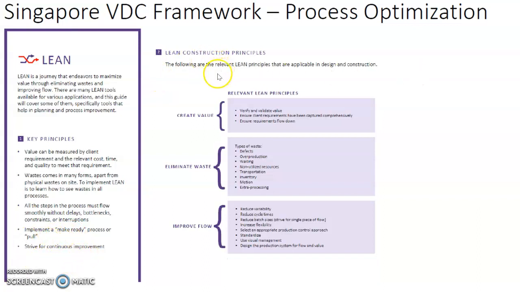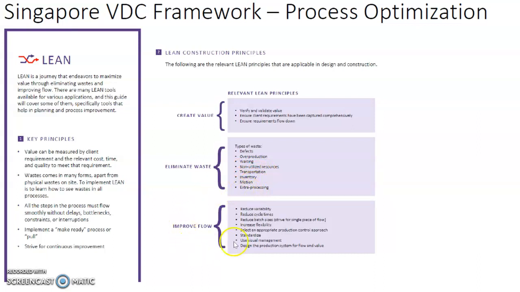The following are some relevant Lean principles that will be applicable to the design and construction. Also, we try to create value, or we verify and validate value. Ensure the client's requirements have been captured completely. Ensure the requirements flow down to the different team members. We try to eliminate waste, and the types of waste could be defects, overproduction, waiting, non-utilized resources, transportation, inventory, motion, extra processing.